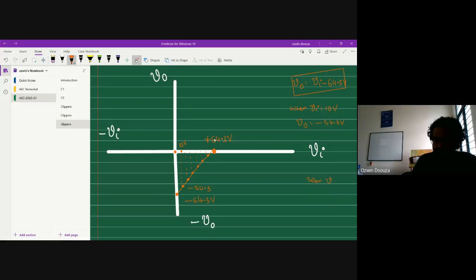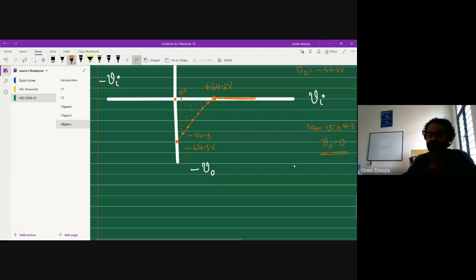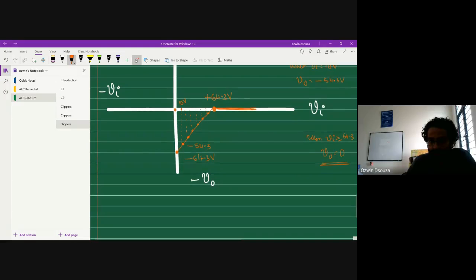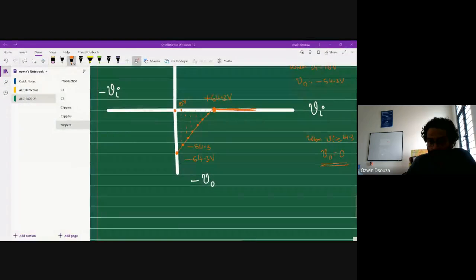When your input is greater than or equal to 64.3, your output is 0 volt, so from this point onwards your output is a straight line overlapping with the input axis. Is it clear now, the transfer characteristics? Yes, sir. Any doubts?